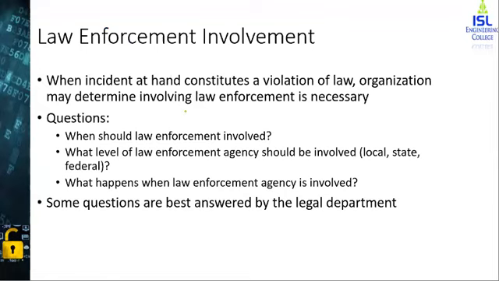So there are several questions that need to be answered: why, in the first place, is law enforcement being involved, what type of law, what level of law enforcement is involved. Everything needs to be answered here.